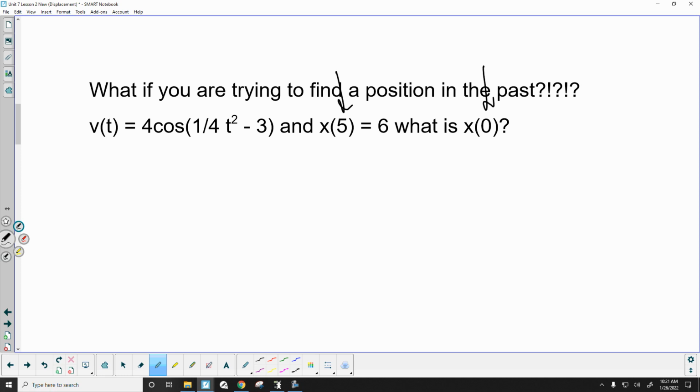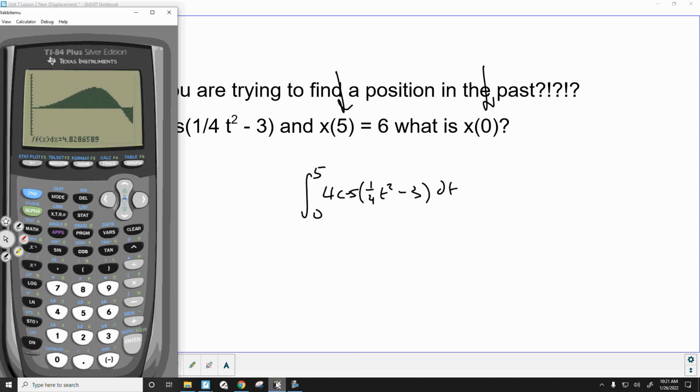All right, well, start with this. Find the area under velocity. Find the accumulation of my velocity from 0 to 5. Go. You got to do this quickly. Don't leave when the bell rings, because we got to do this last problem. I'm going to go on the home screen and do this.